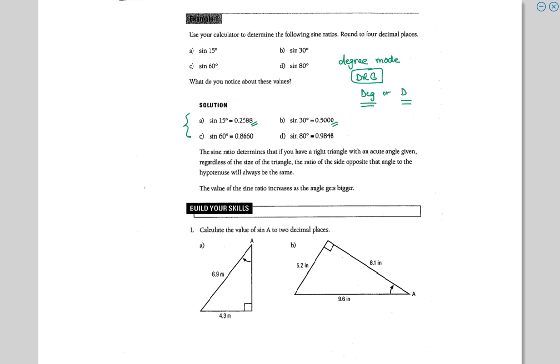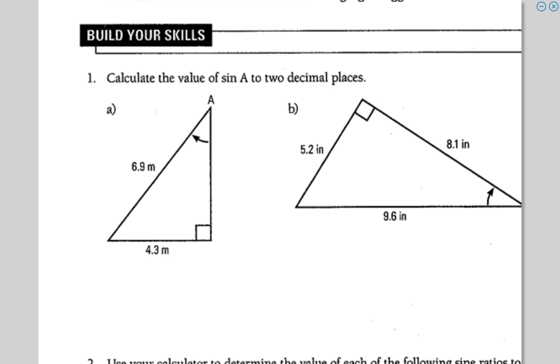So build your skills number one, calculate the value of sine A to 2 decimal places. Alright, so let me just jot down the formula for sine one more time. Sine x equals op divided by hyp.